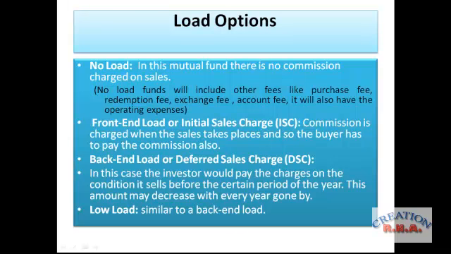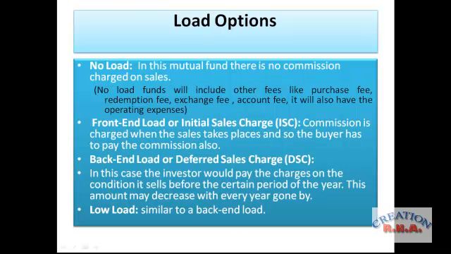Suppose it is 5 years, then if you sell it up till 5 years, there would be certain sales charges applicable. If you sell it after 5 years, the sales charge may be zero, but every year the sales charges keep on declining. This is only to keep the mutual fund investors in the net, because they don't want people changing so fast.